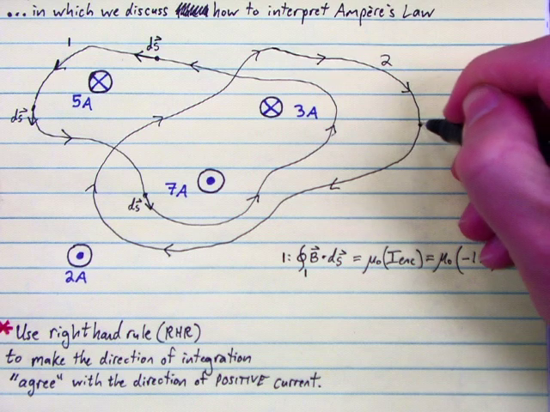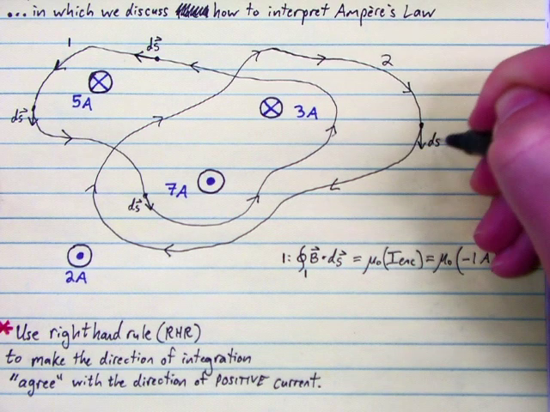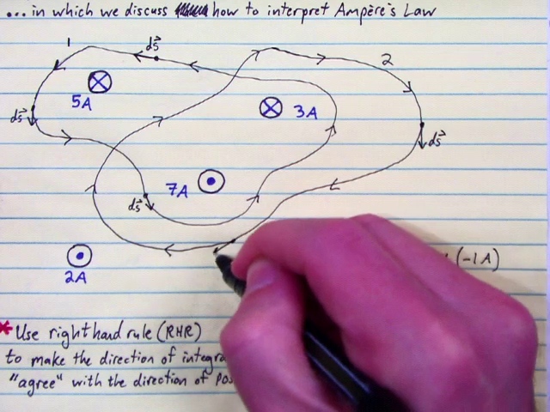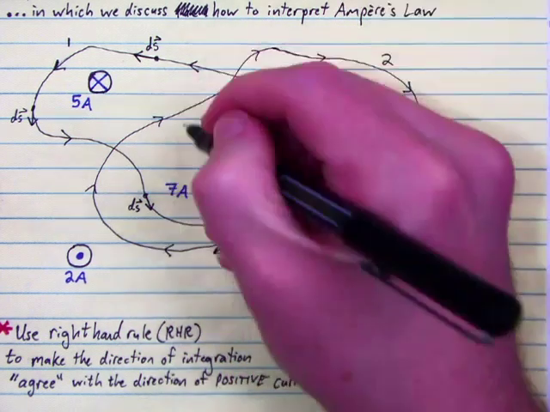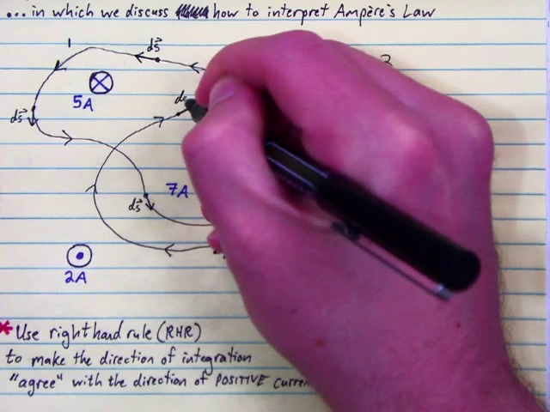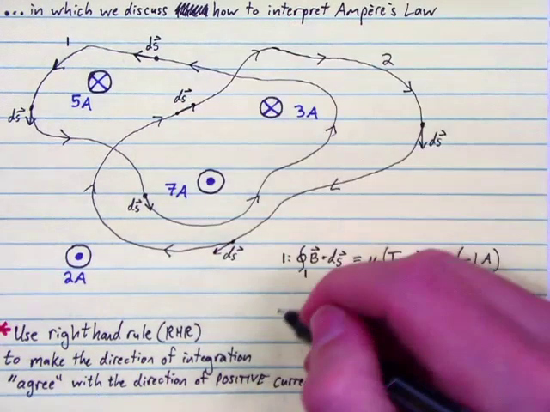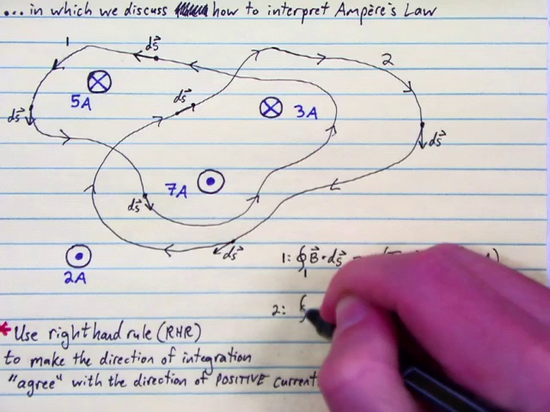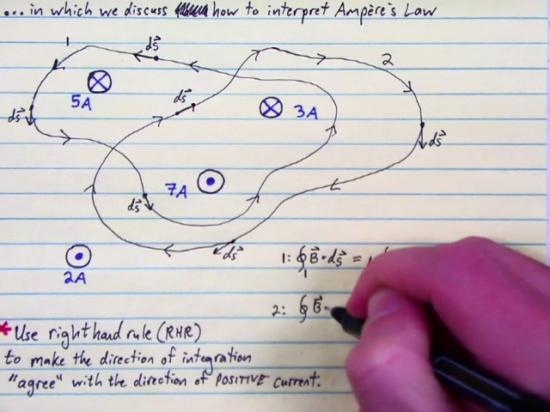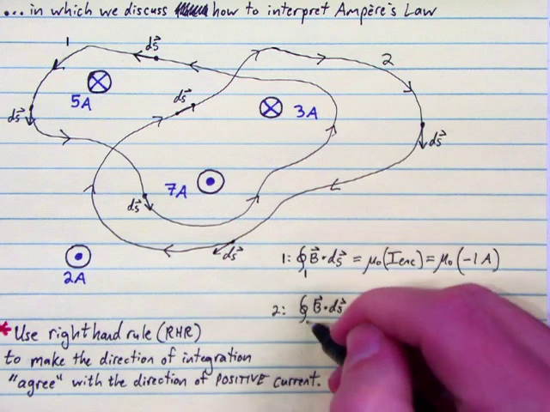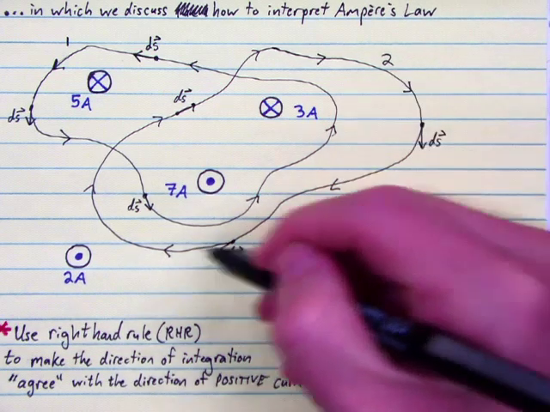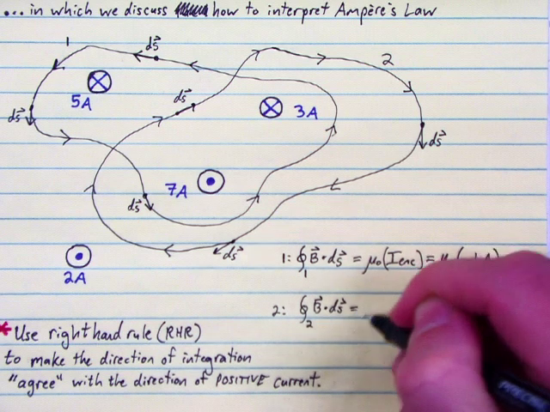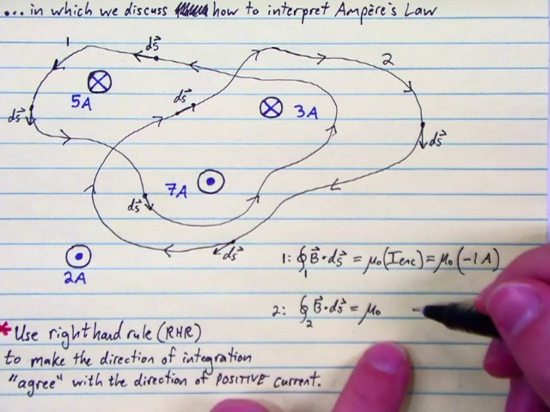So some of our little ds vectors, our little displacement vectors tangent to the path, would be like this. Let's set up Ampere's law for that path. So the B field dot ds integrated around that closed loop equals mu naught times the current enclosed.